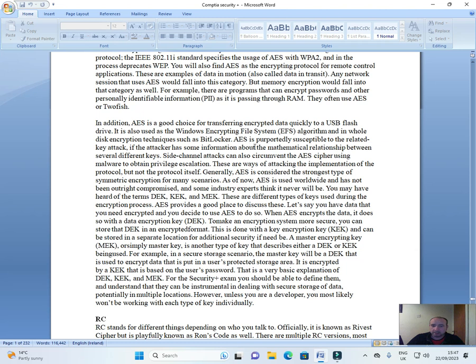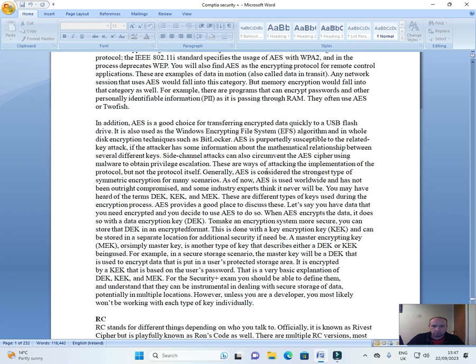AES is purportedly susceptible to the related key attack if the attacker has some information about the mathematical relationship between several different keys. Side channel attacks can also circumvent the AES cipher using malware to obtain privilege escalation.